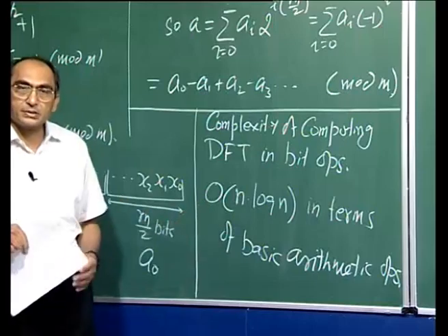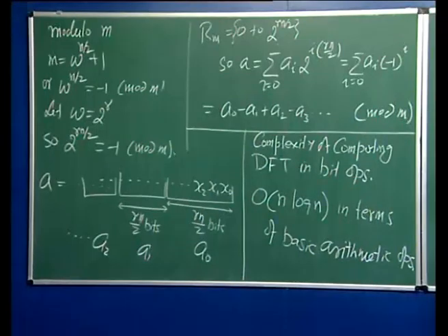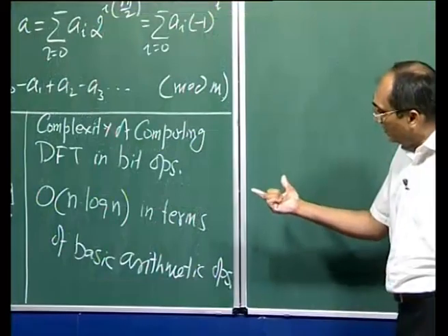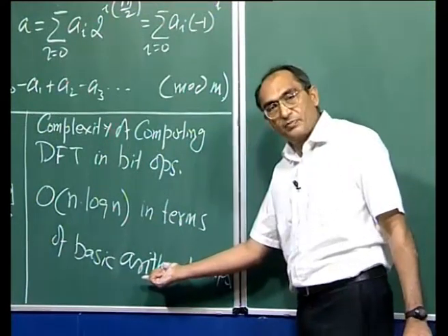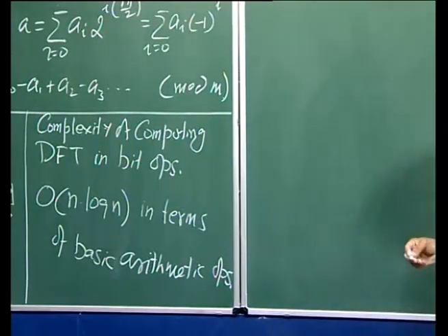That was the cost. So now let's recall what those operations were, and from that we will find an upper bound for each of these operations in terms of bit operations. That should give us the bound for DFT.